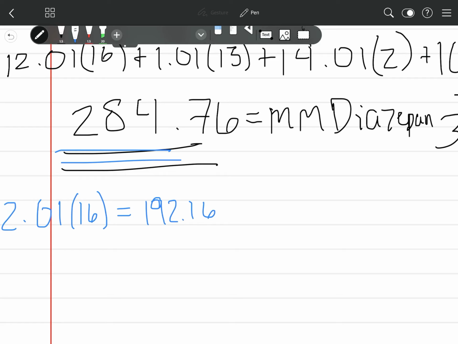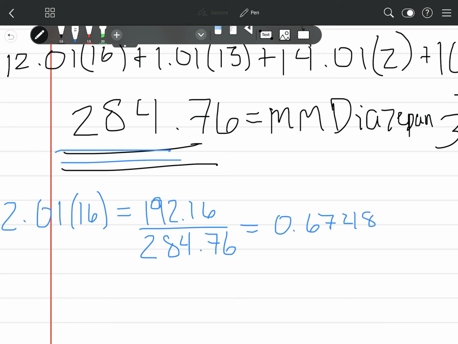That goes over the total, because you're finding the percent of the total mass for each element. So that divided by 284.76 is going to equal 0.6748.